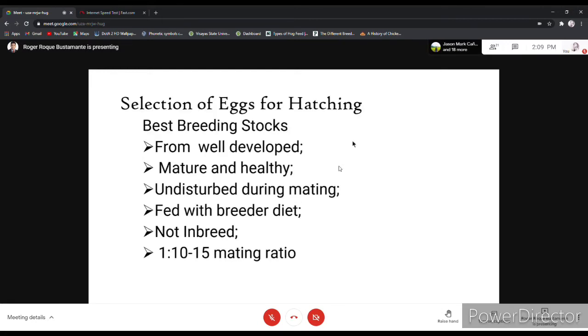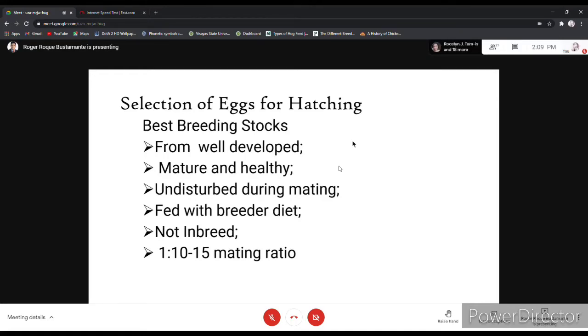Selection of eggs before hatching. So from well-developed stocks, mature and healthy stocks, undisturbed during mating, fed with breeder diet, not inbred, and a mating ratio of 10 to 15. No? One male to 10 to 15 females.